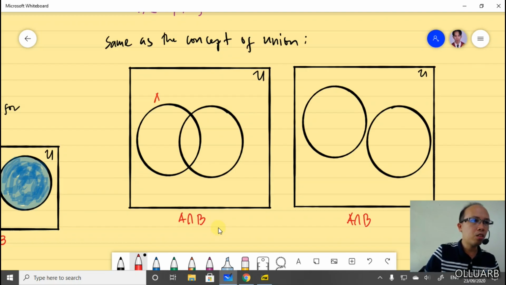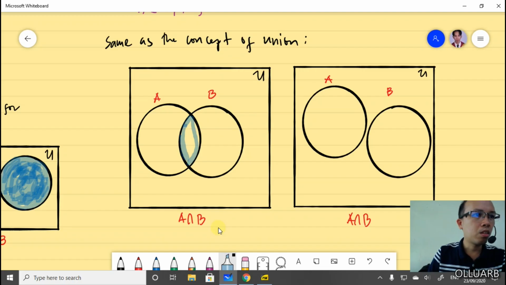So if this is your A and this is your B, and you are going to take the intersection and the two sets are overlapping each other, all you have to do is shade the common region. If you look at the definition, the intersection is the set of all elements that belong to both sets A and B.